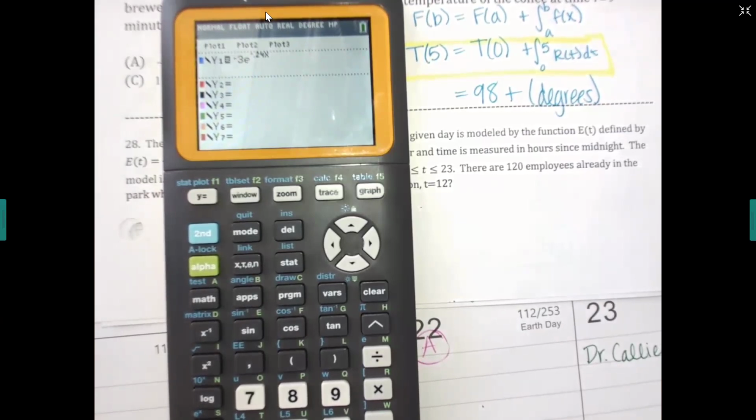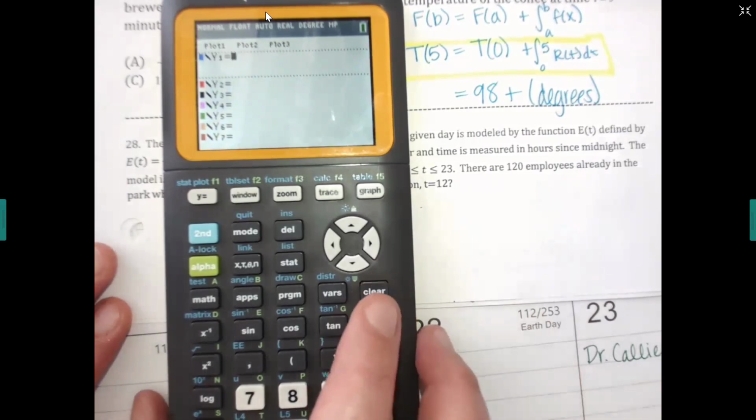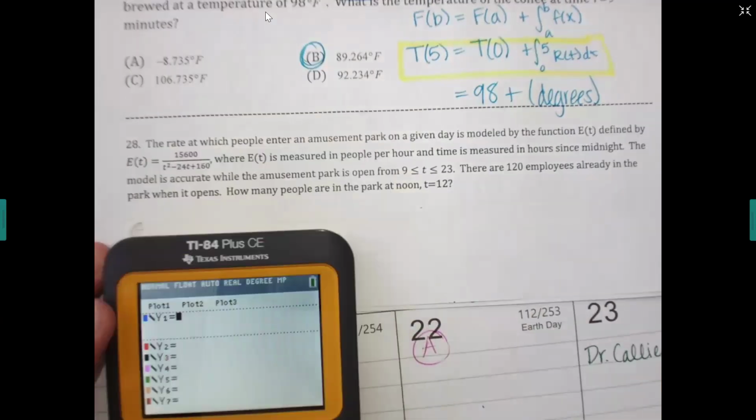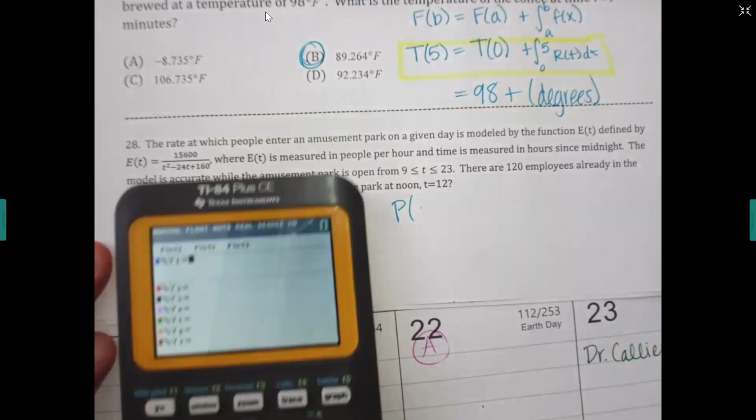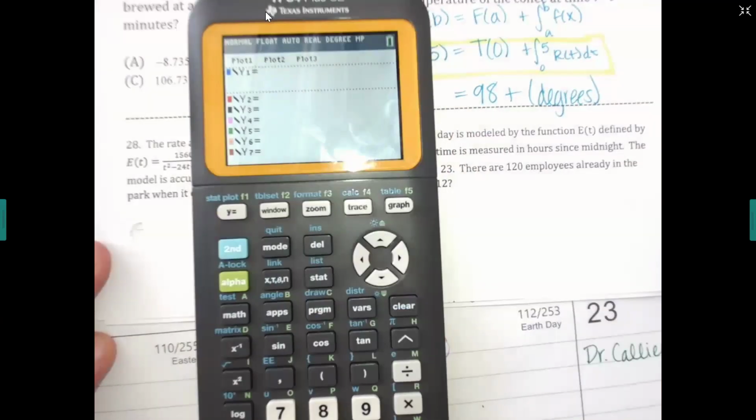And then it was -0.24x. Oh, you mean to put it in, it's alpha trace.